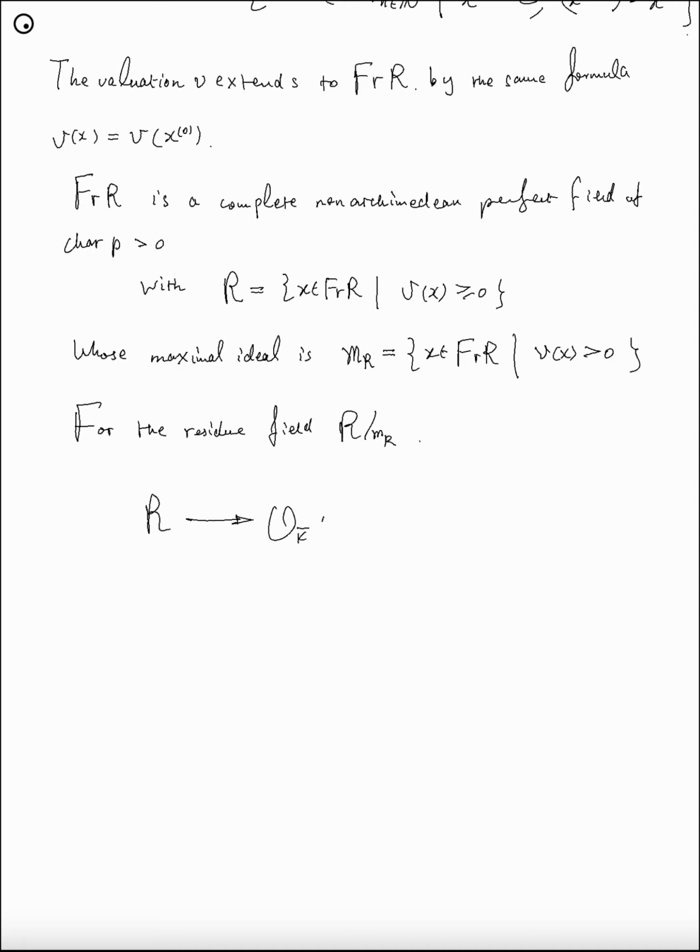From R we map it to O_K bar quotient by p, and then from here you can continue quotient by the maximal ideal, which is isomorphic to k bar, and because this p is contained here, the maximal ideal of O_K bar. So this is surjective.